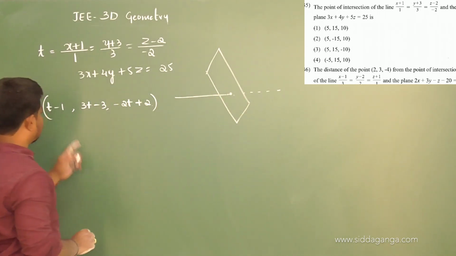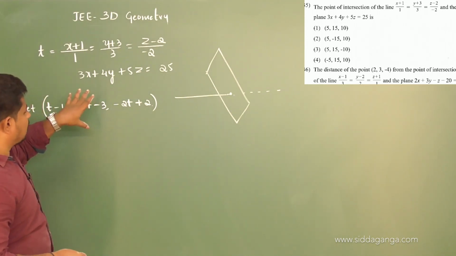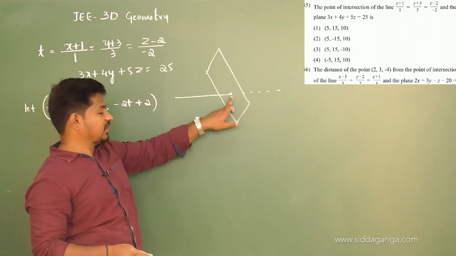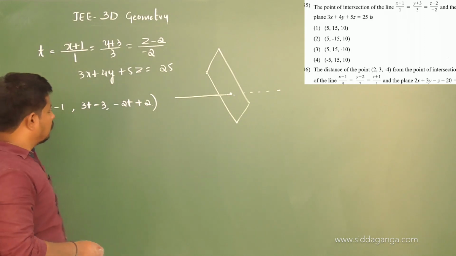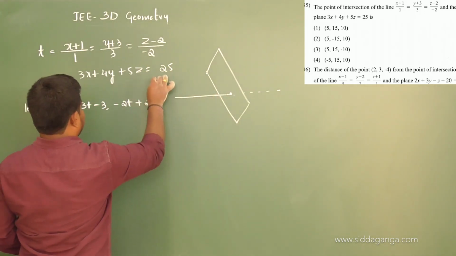That is t minus 1, 3t minus 3, minus 2t plus 2. Since it is a point of intersection, it is common for both the plane as well as the line. So it is on the plane also, and it should satisfy this plane.